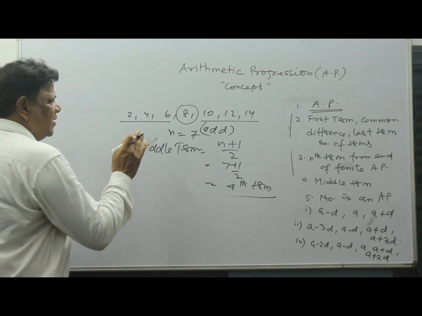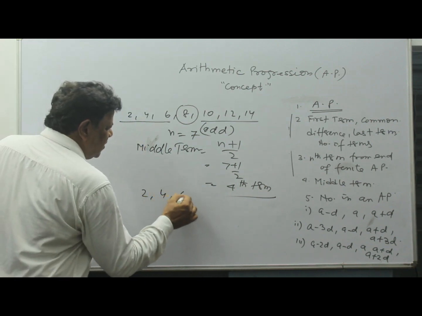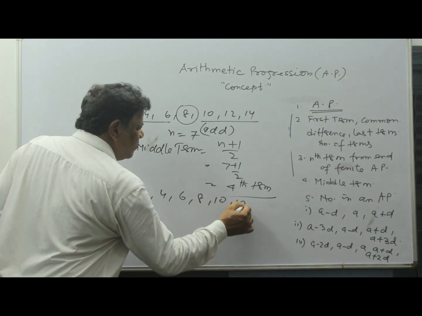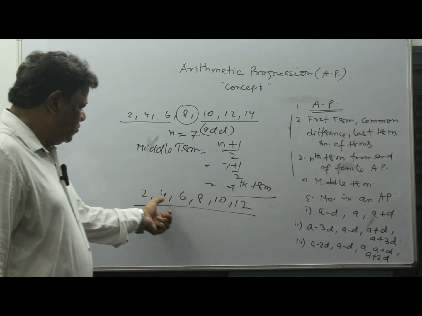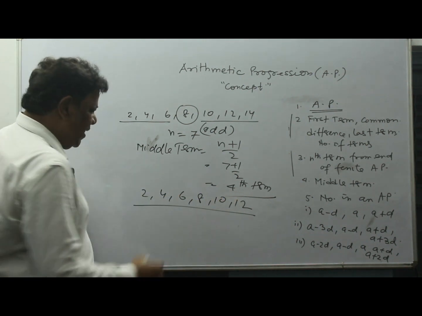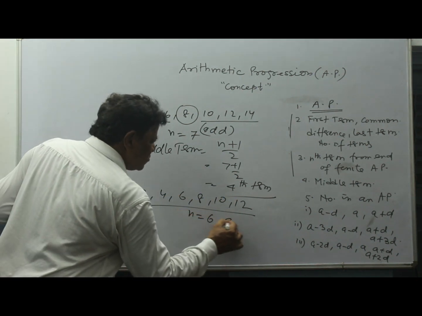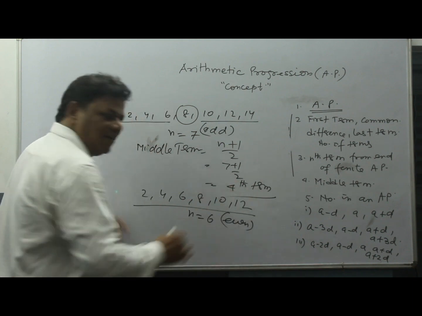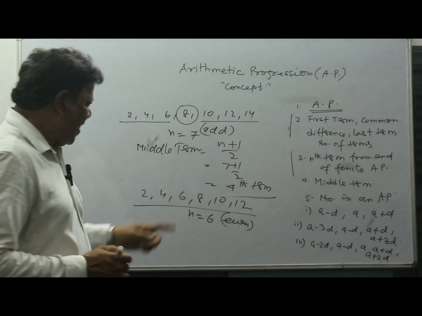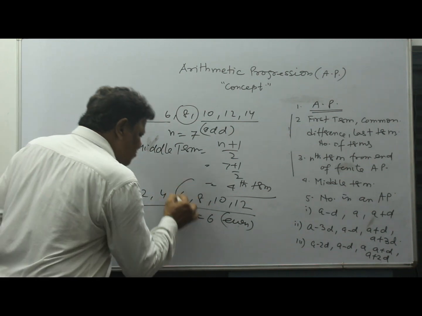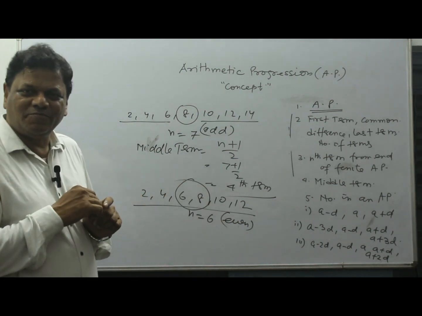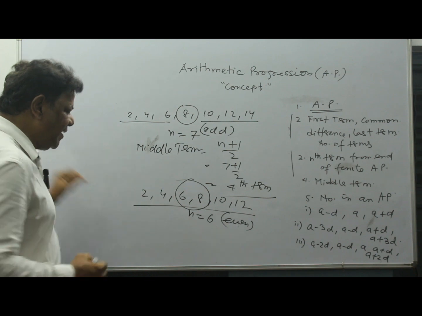But if it is given 2, 4, 6, 8, 10 and 12, this much is given, 1, 2, 3, 4, 5, 6. N is here 6, so that is even. Then how to find the middle term? I cannot say 6 is the middle term. I cannot say 8 is the middle term. That time there are two middle terms. So how to find when n is given?